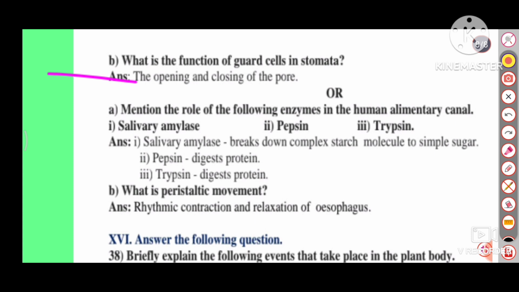First one is salivary amylase, pepsin, trypsin. Salivary amylase breaks down complex starch molecules to simple sugar. Pepsin digests protein. Trypsin digests protein.